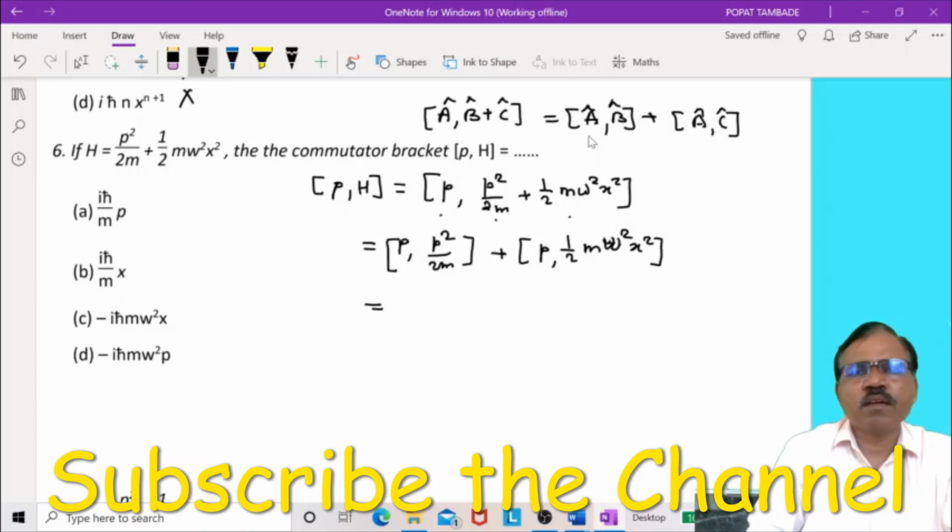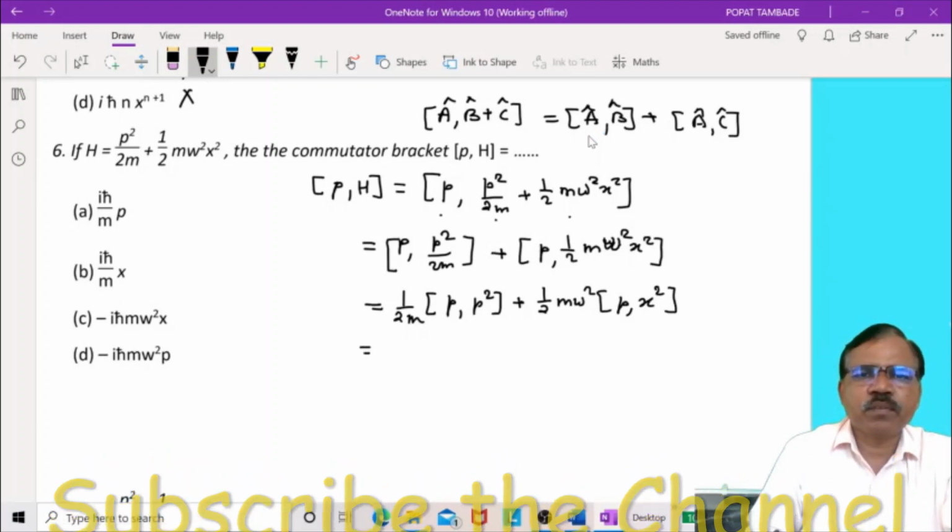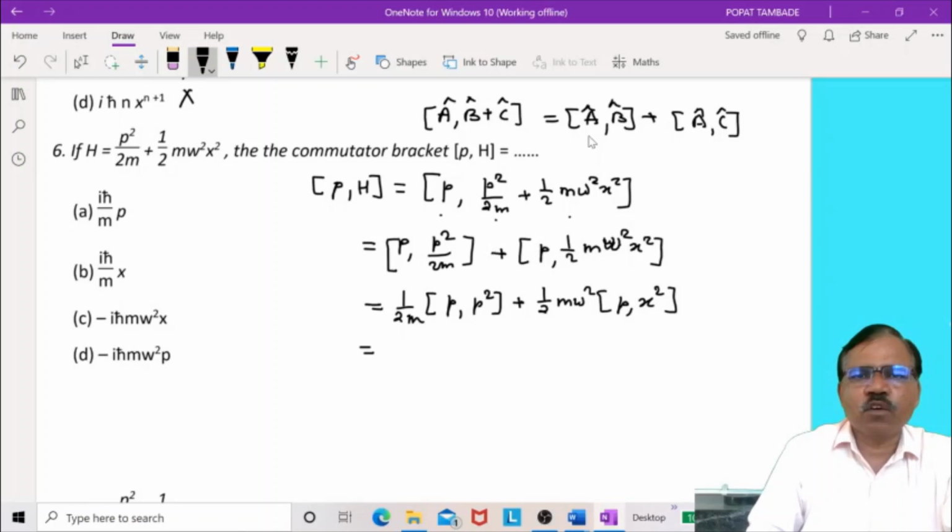So we have here 1 upon 2m, which we can take out because it is a scalar, [p, p squared] plus 1/2 m omega squared [p, x squared]. Now p commutes with p squared. So this first one comes out to be 0 plus 1/2 m omega squared.